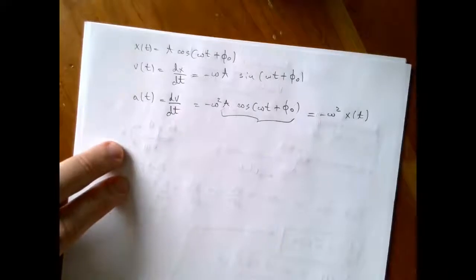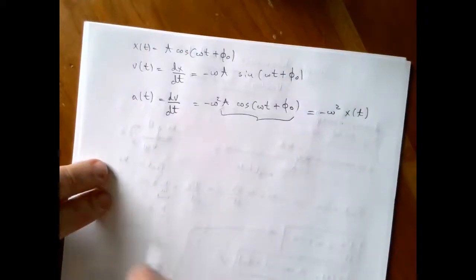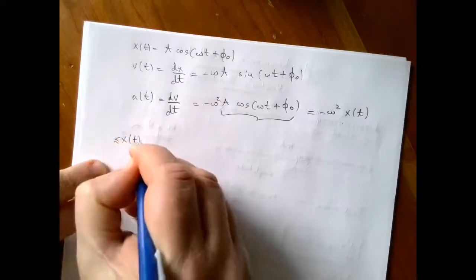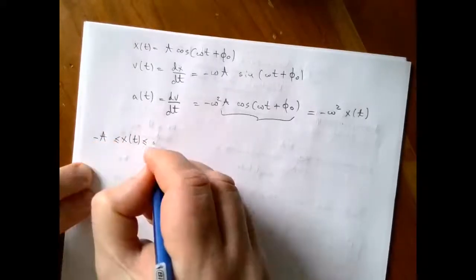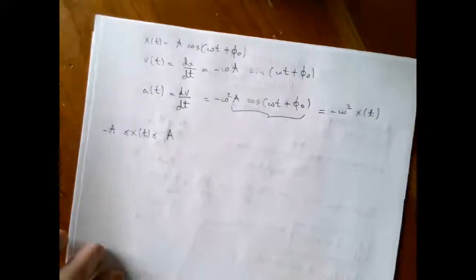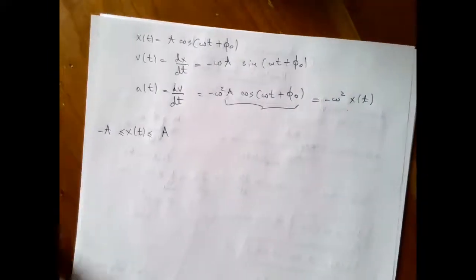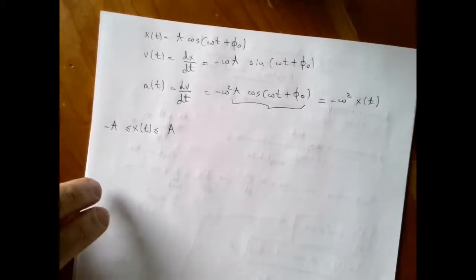How do we interpret these expressions? Well, that means x of t can take values between negative A and positive A, because of course cosine of omega t plus phi 0 cannot exceed 1 or minus 1.